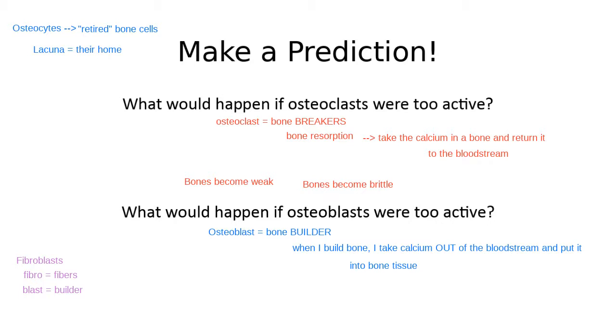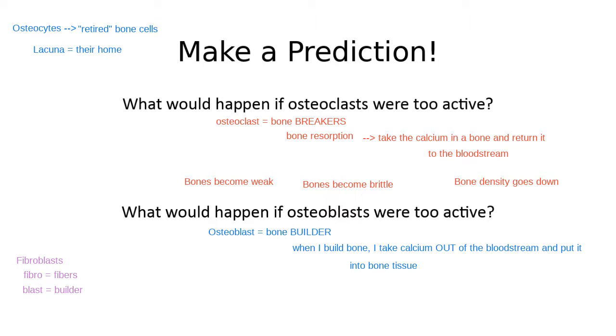What was the word that we used to describe how thick our bones are, or how much bone mass we have? And remember, yeah, the bone density, exactly. If my osteoclasts are too active, my bone density goes down.